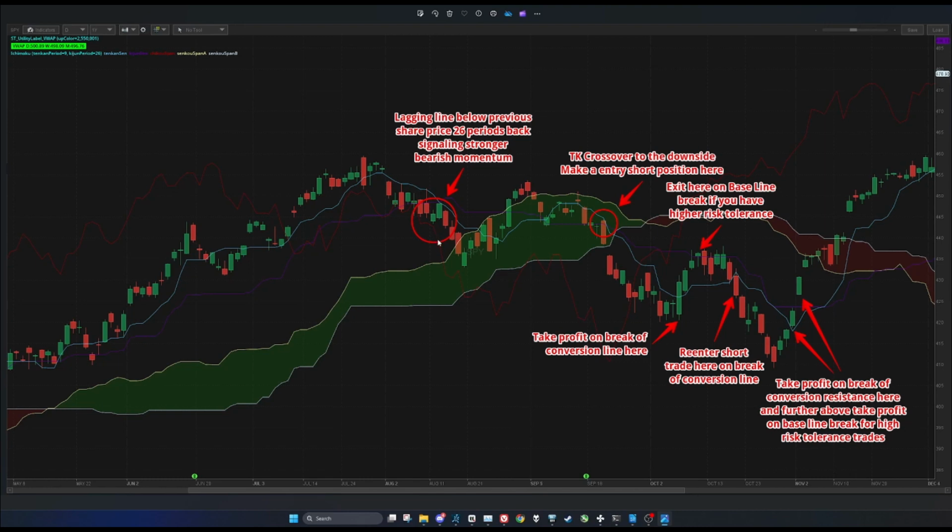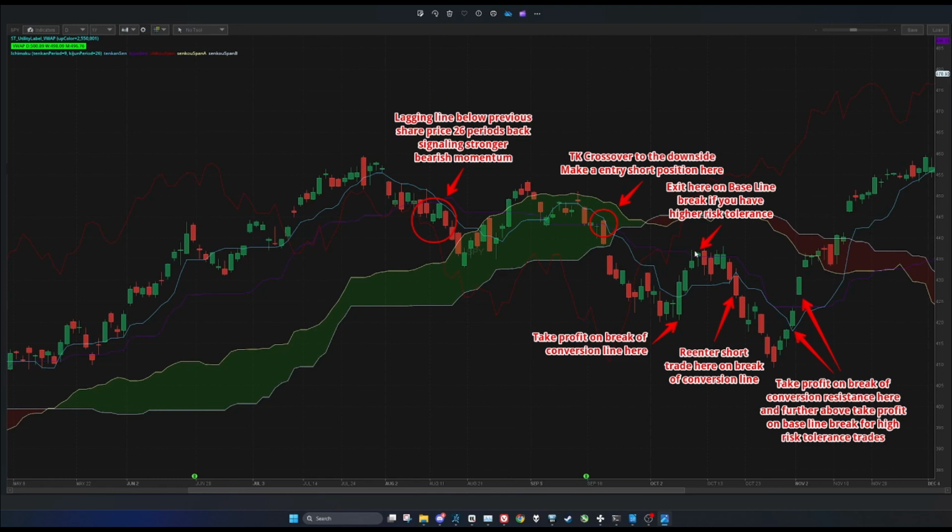So the red line, which is the lagging line, where it stopped at this candle, was already beneath the previous price action, which indicates that this TK crossover to the downside is likely to play out. So it's not going to be a fake-out signal. You've got a red candle here, so you would get in on this red candle for short and ride it all the way down. And over here, when this green candle breaks above the conversion line, you would take profit. So you would exit. And if you had higher risk tolerance, then you would get out here on the break of the Kijun-sen baseline.